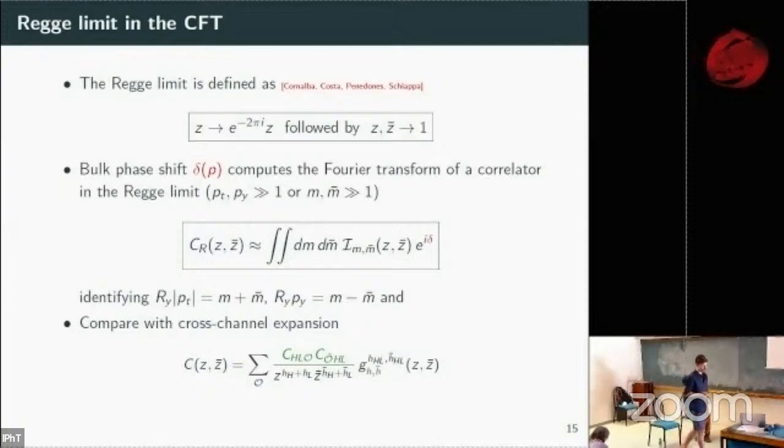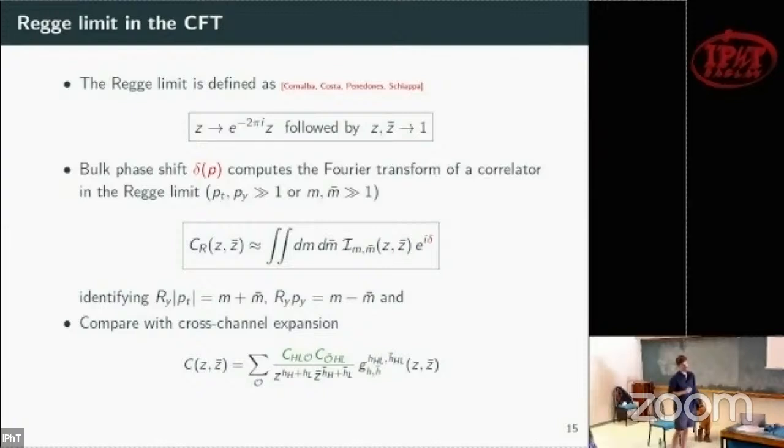In the direct channel, the dominant contributions in the Regge limit are universal ones that people like to talk about: the stress tensor, but also light double trace operators as well.